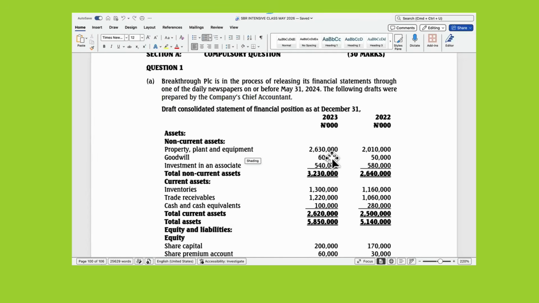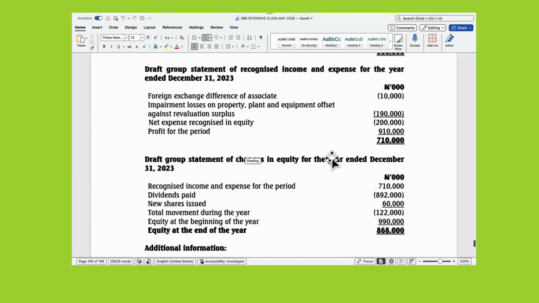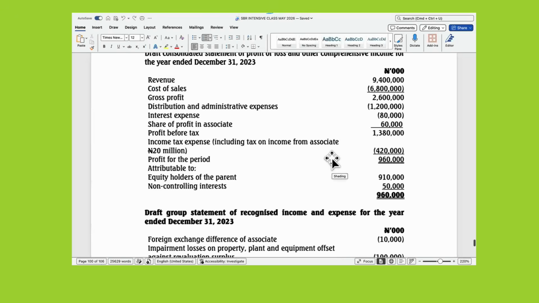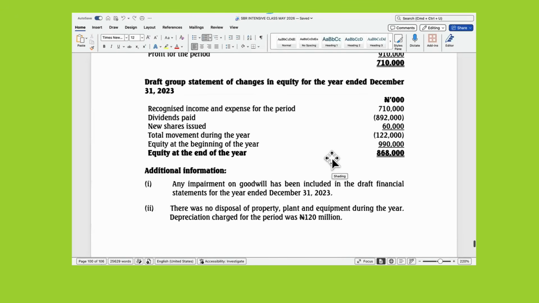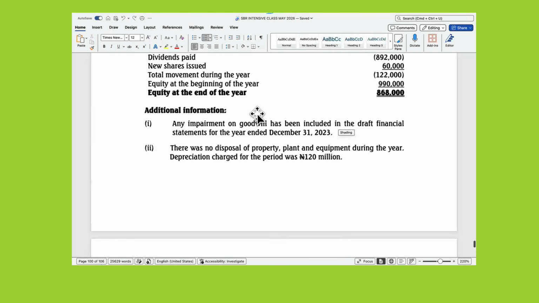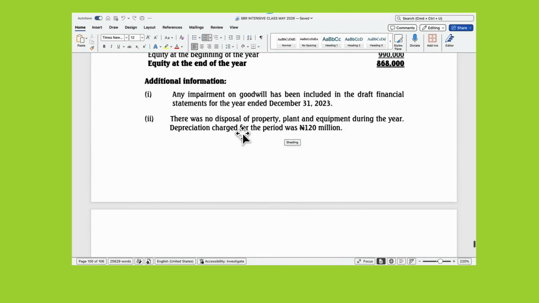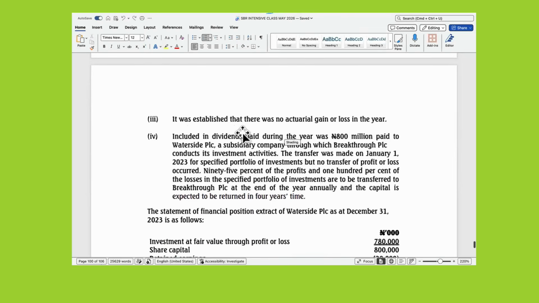Those are what cause my movement. And from all the information they give us here, note 1 has nothing to do with PPE because it's on goodwill. This one said they did not dispose assets, but there was depreciation of 120. So that's noted. It was established that there was no actual gain or loss in the year.